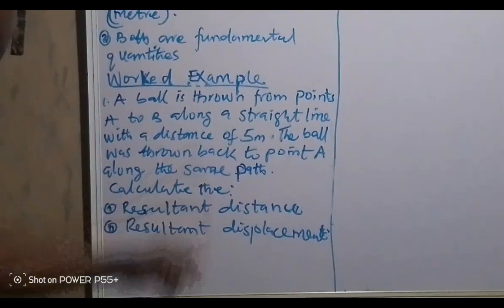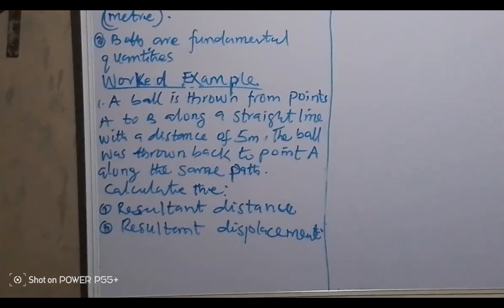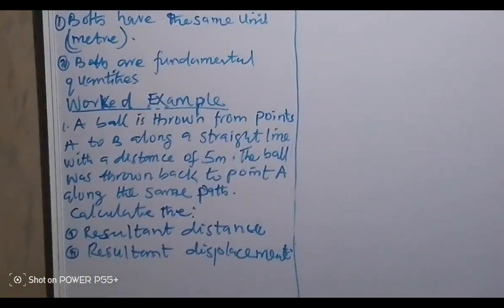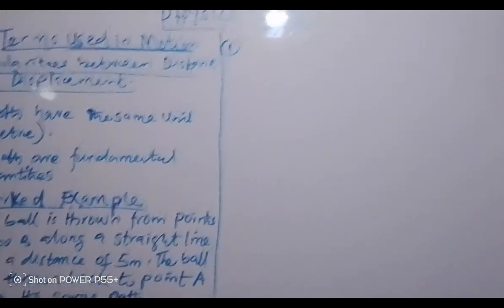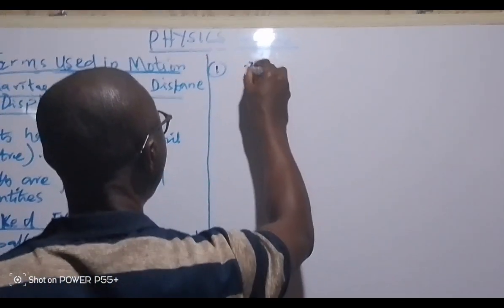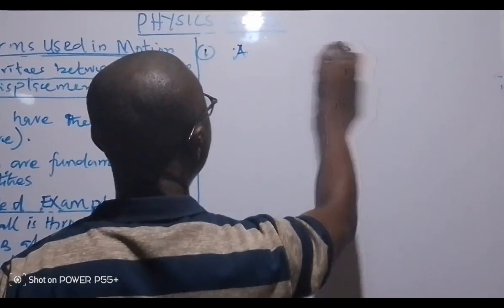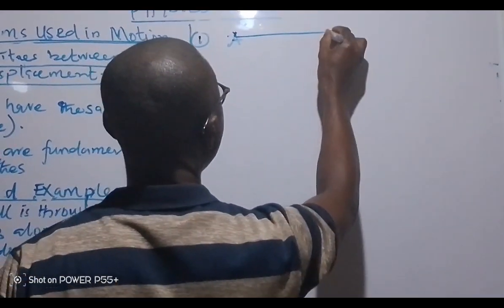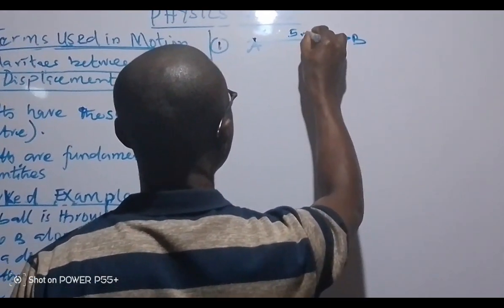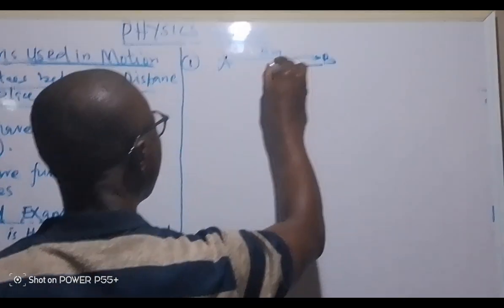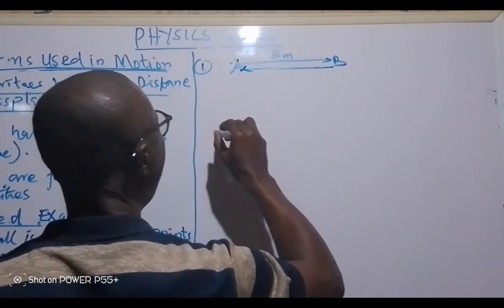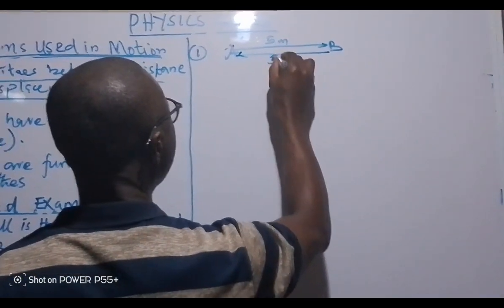Calculate the 1, resultant distance, 2, resultant displacement. According to the question, from point A to B, let's say this is point A, this is point B, the distance between them is 5 meters. But the ball was thrown back along the same path with the same 5 meters.